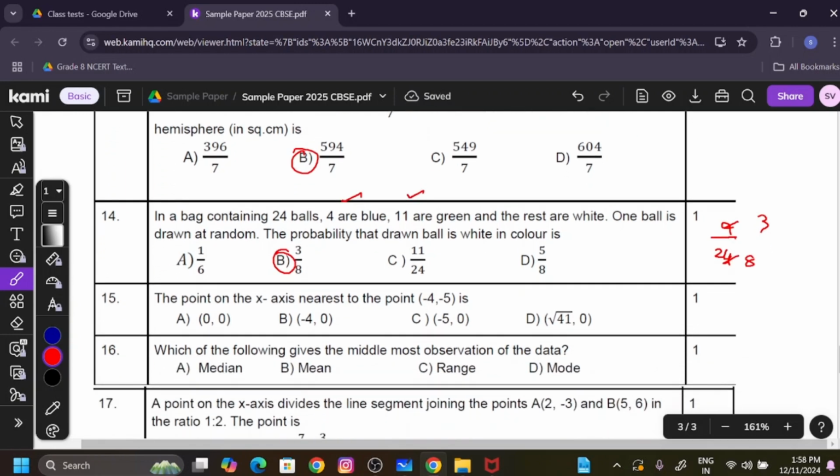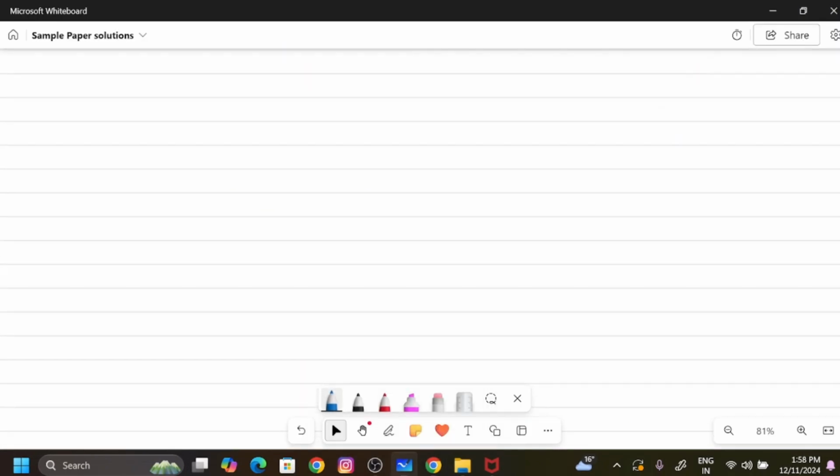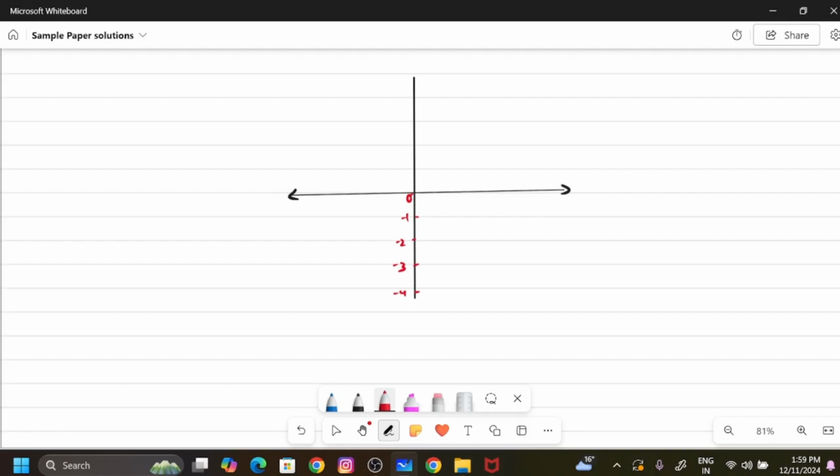Next, the point on the x-axis nearest to the point minus 4 comma minus 5 is. Alright, we'll try to draw a rough graph for this. We have -4, -5, so 0, -1, -2, -3, -4. So this is -5, so -2, -3, -4.